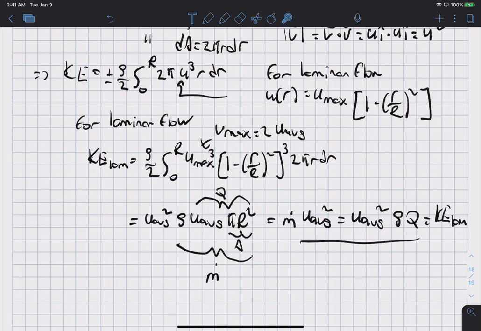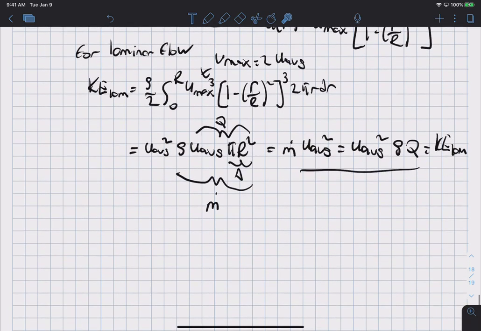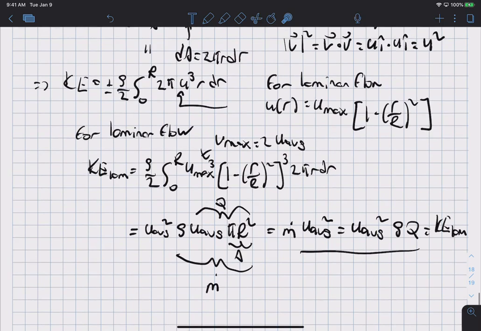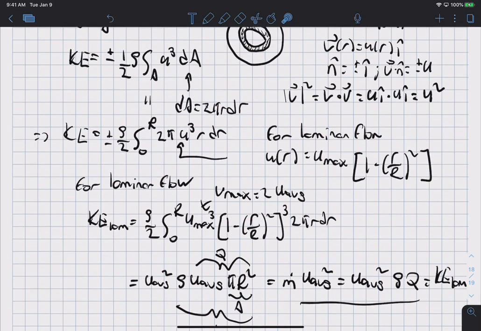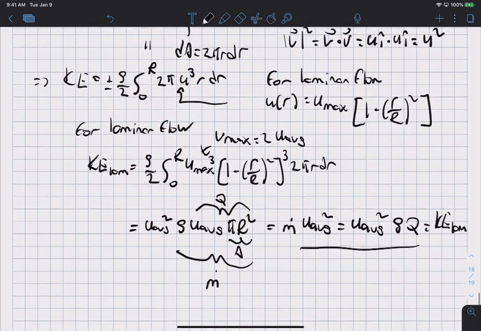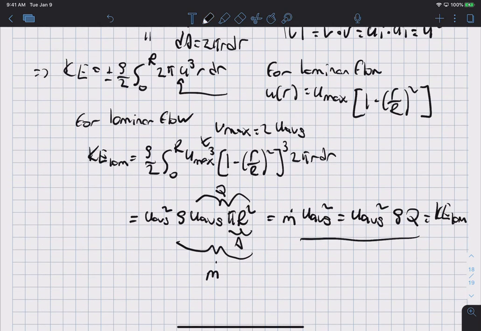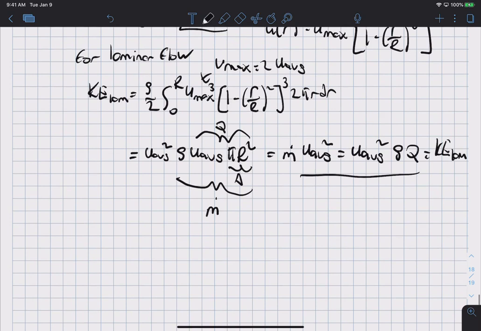So this definition of the kinetic energy is kind of cumbersome to deal with, and it would be much easier if we could relate the actual kinetic energy defined here to a kinetic energy based on the average velocity.